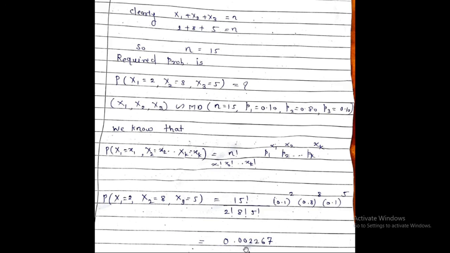After calculating this expression, we get 0.002267. So this is the concept of the multinomial probability distribution.